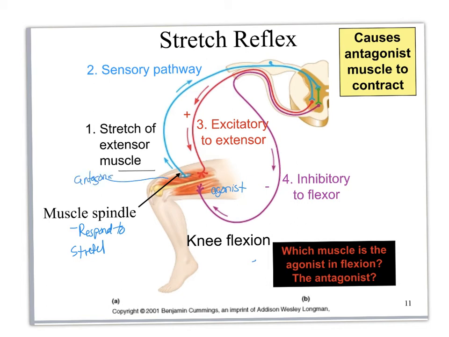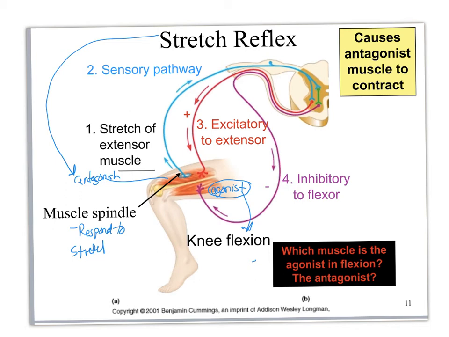So the question is, well, if you're contracting the agonist for knee flexion, why does this other muscle contract? This other muscle contracts because of this stretch reflex. So the blue sensory neuron synapses with the red motor neuron, and that red motor neuron tells the quadricep muscle to contract in response to this, so that this muscle resists that muscle movement.